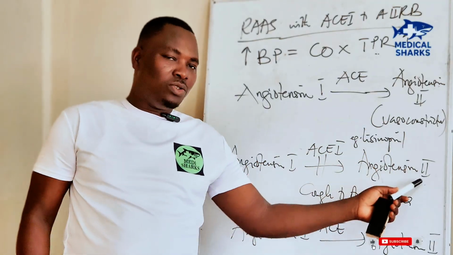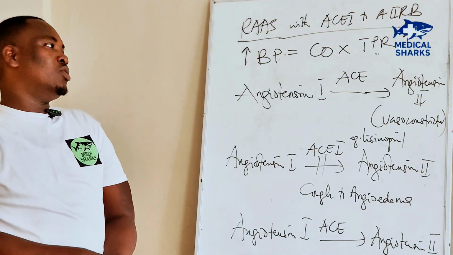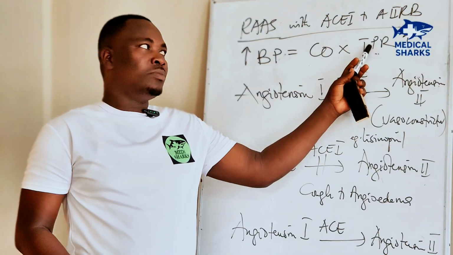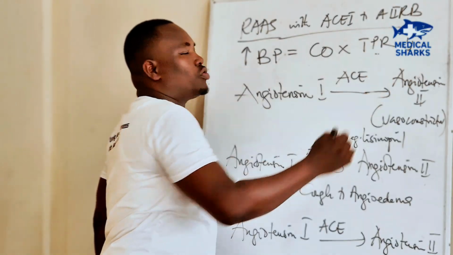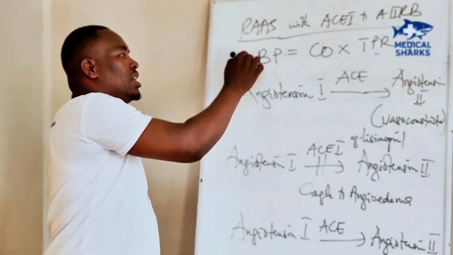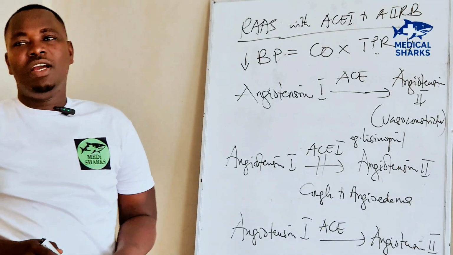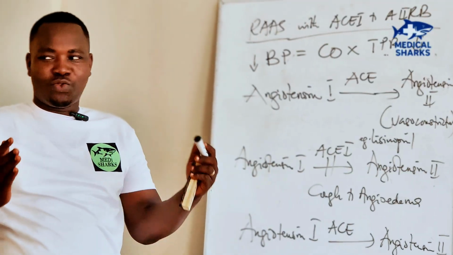So the resistance will reduce because there is no constriction, the total peripheral resistance reduces, and hence the patient's blood pressure will reduce as well.